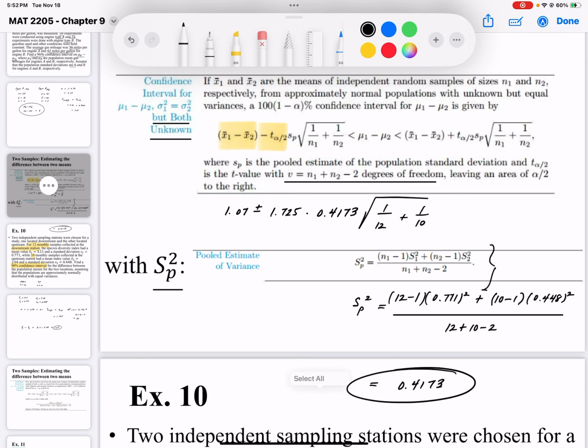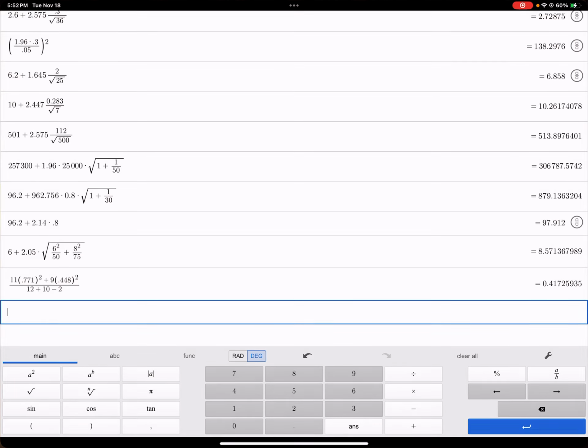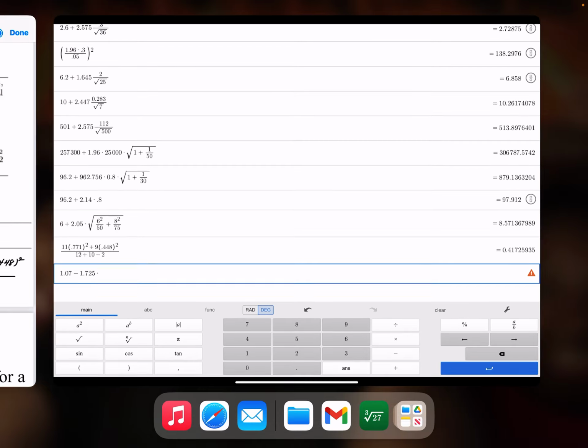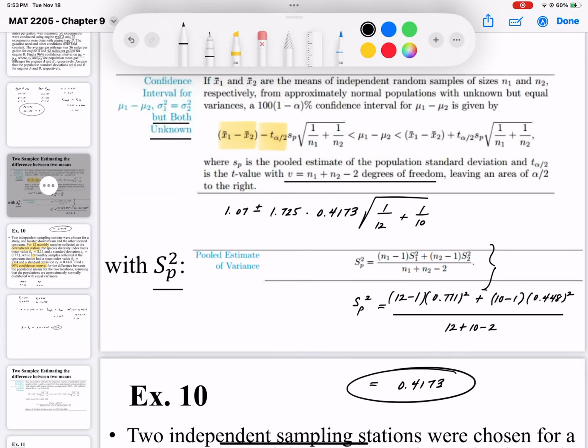Let's plug everything in. 1.07 minus 1.725 times, what was our, oh dear, our s p value.